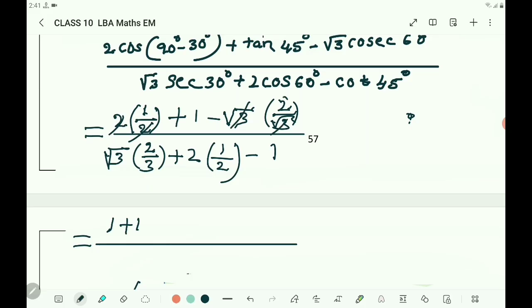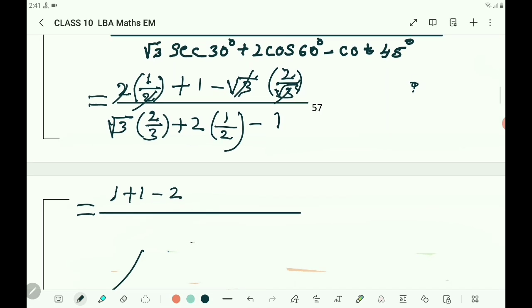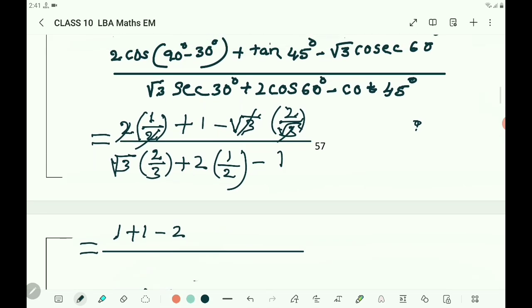Root 3 cancels. Here what is remaining? 2 minus 2. Here secant 30 is 2 by root 3. So you write root 3 cancels. 2 is remaining here. 2. Then you write plus. 2 cancels. 1. Then you write this minus 1.